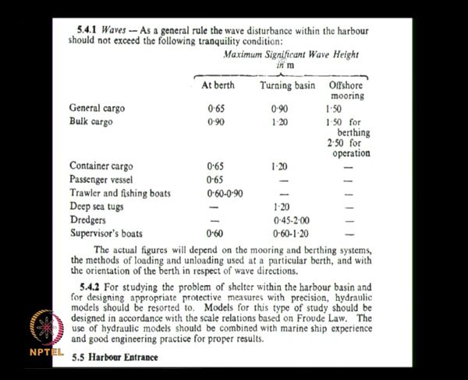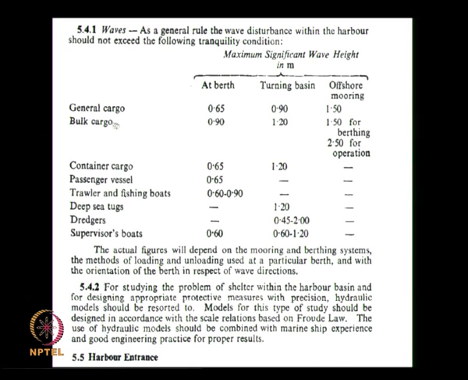I will discuss about significant wave height in another class, but to make it very simple, significant wave height is average of 1/3 of the highest wave heights. Suppose there are about 100 wave heights, you take top 33 wave heights and take an average, that is called as a significant wave height. Maximum is coming because we are taking the top 33 waves. The units are important, that is in meters.